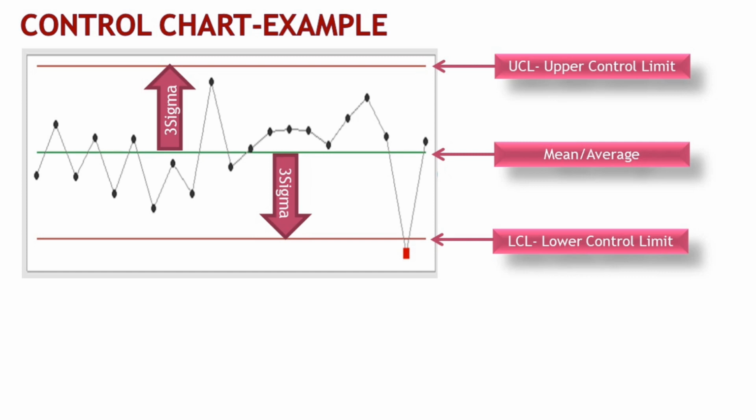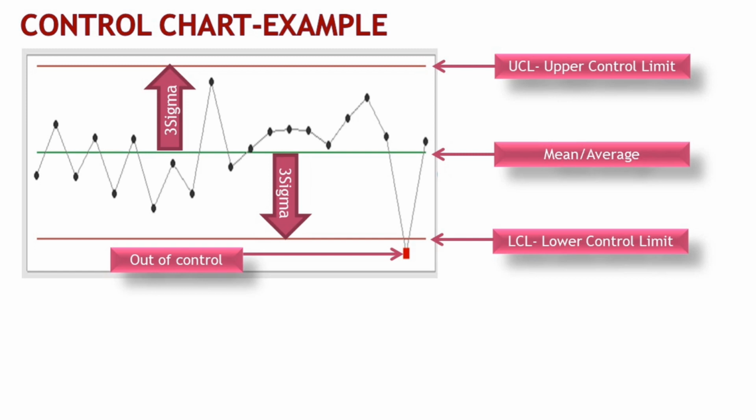Now, if you notice a point like the one in red below the lower control limit, it means something special might be happening. At this point, it's crucial to stop the machine and investigate the reason behind the out of control value.